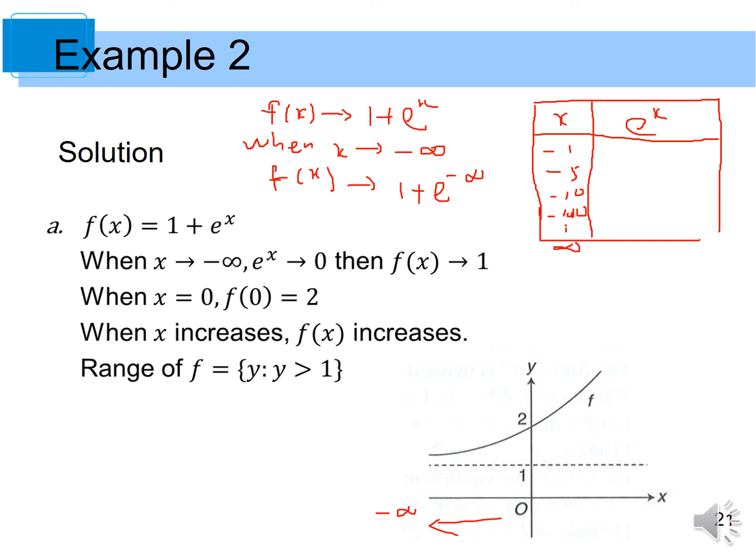So we have a value for the x equal to negative 1. The value is about 0.3679. And for the x equal to negative 5, the value getting smaller.